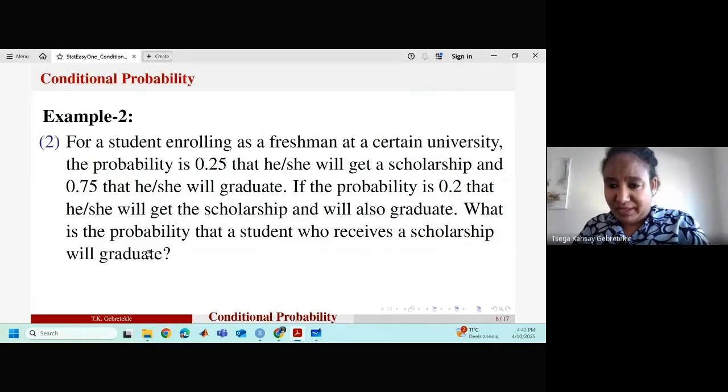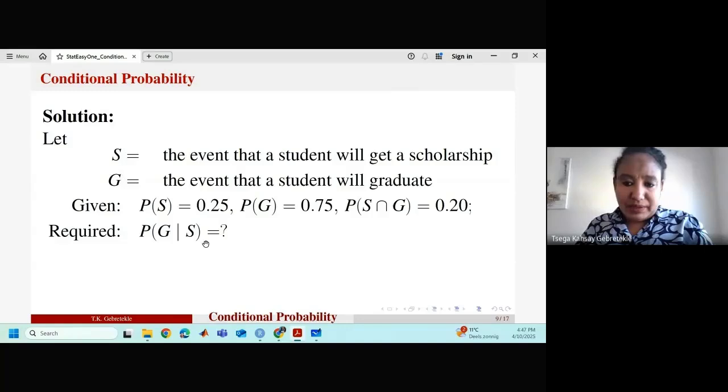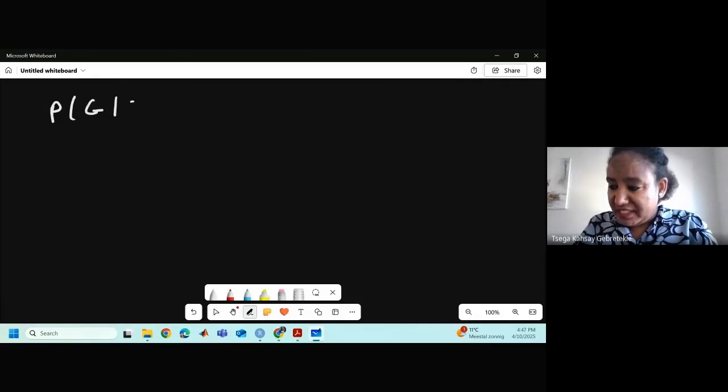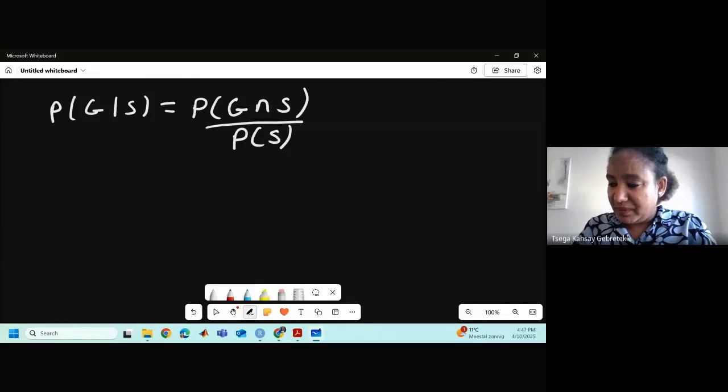So the given condition here is that the student receives a scholarship. To calculate this, we can use the conditional probability formula. The probability of G given S is the probability of G intersection S divided by the probability of S, because S is given.